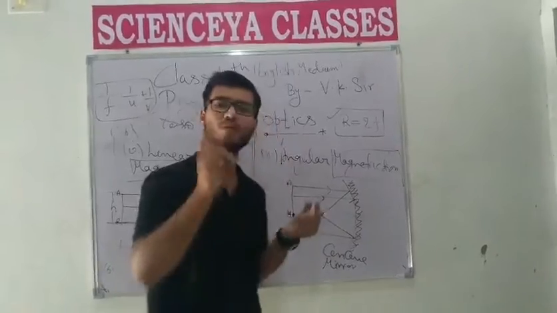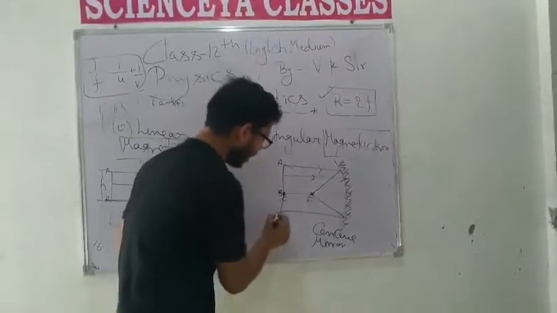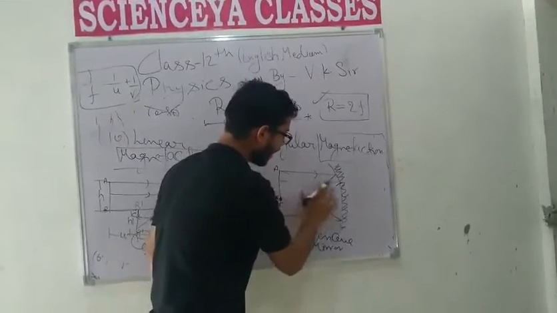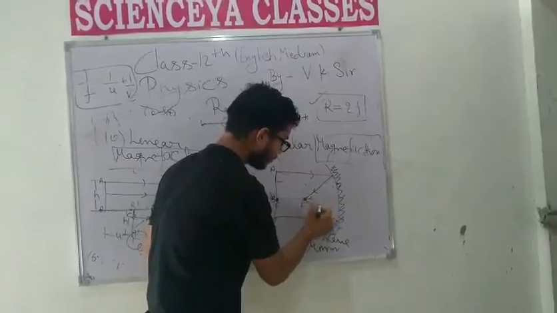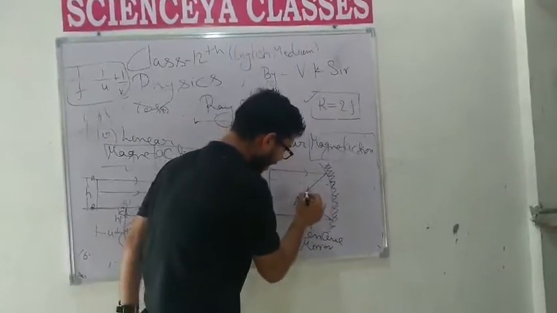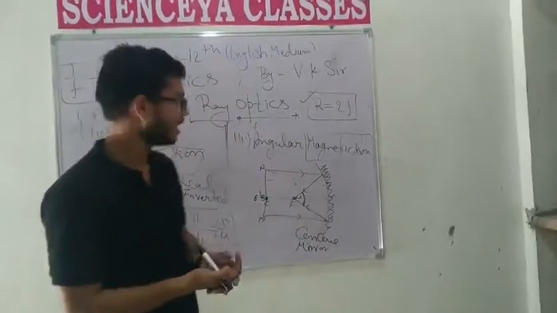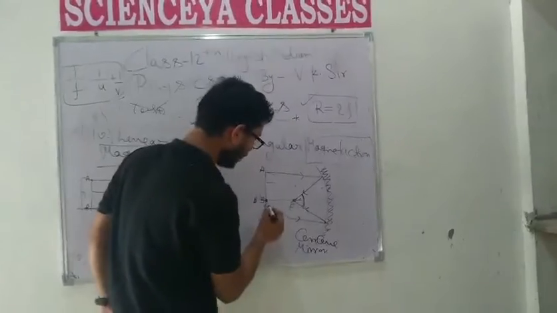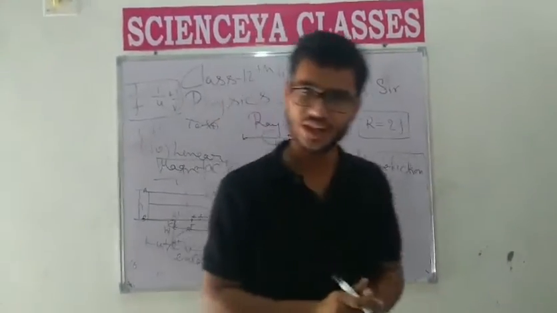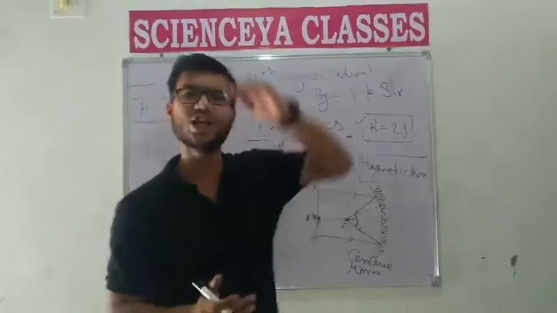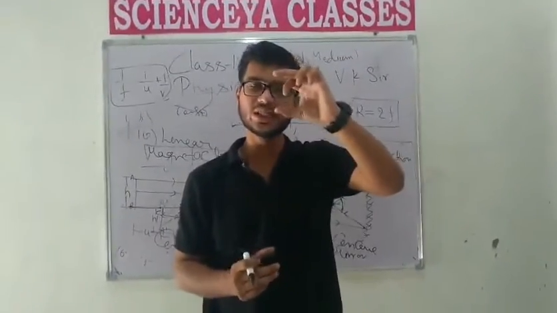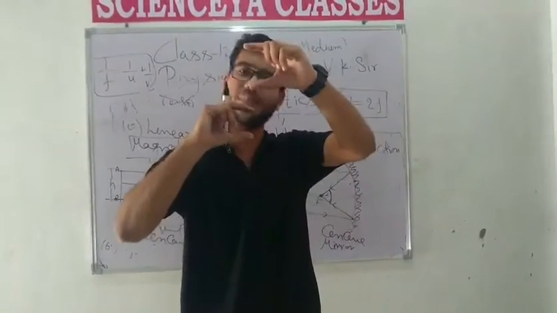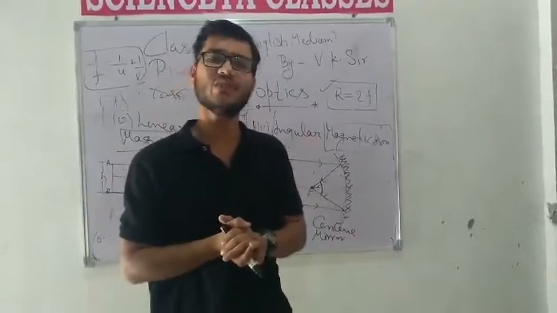So student, in case the object is at the center of curvature, the image is also formed at the center of curvature. Okay student, so these two rays are reflected by the concave mirror surface at point F. So the angle formed by these two rays is the angle of the object, and also the angle formed by the image is the angle of the image. So student, the ratio of the angle formed by the image and the angle formed by the object is called the angular magnification.